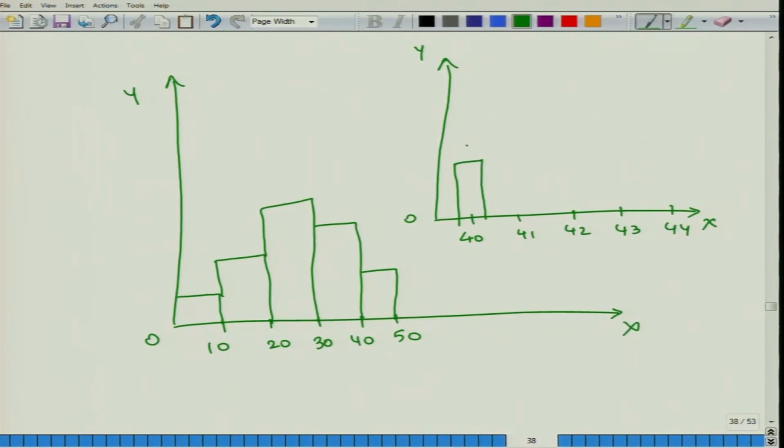Suppose this was grade 5, grade 6, grade 7 and so on. In this case we would not be able to join these bars together, but in the case of a histogram we join these bars together because it is a continuous variable.